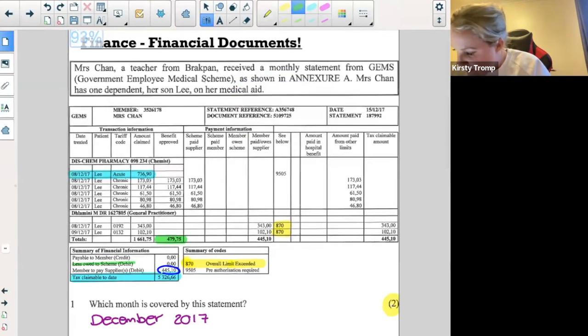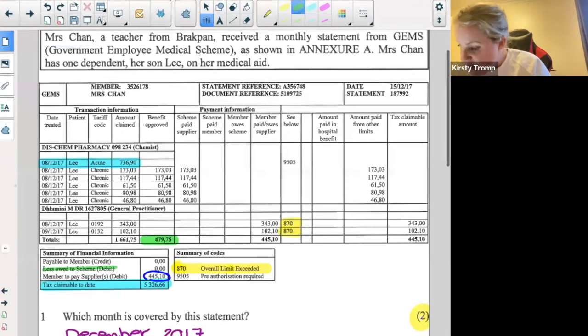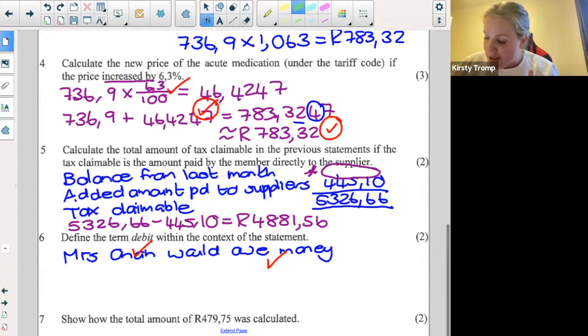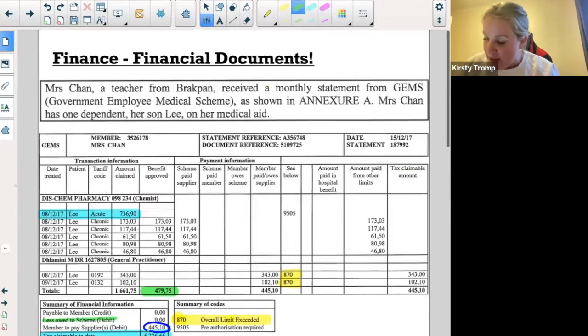There it is over there. So they want to know, how did they calculate that? Where did that figure come from? Well, what can we see, guys? That's like a total for a column, is it not? 479 Rand 75. There it is. It's coming from this column over here.